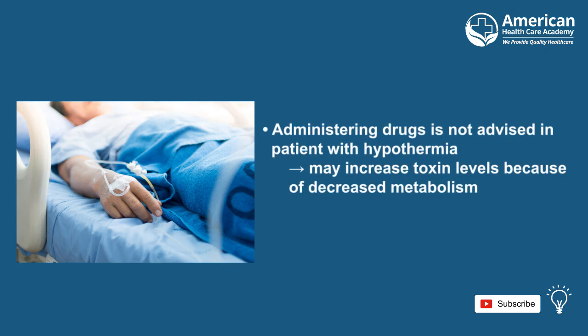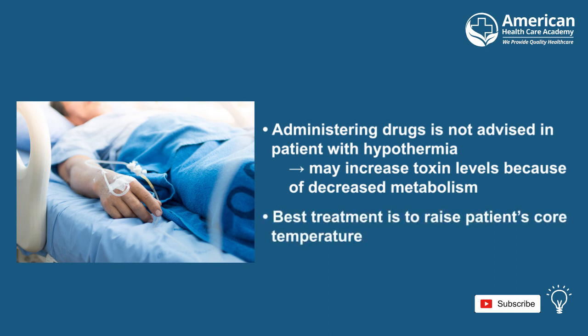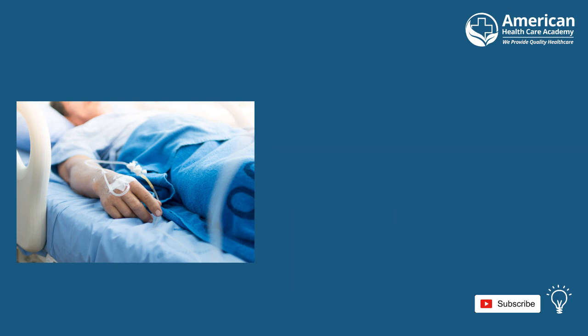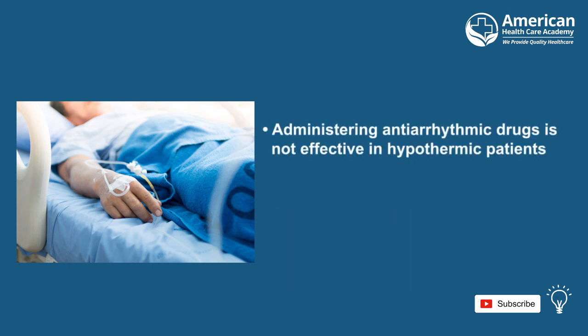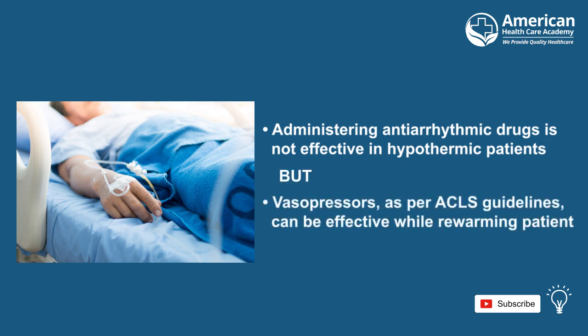Administering drugs is usually not advised in a patient with hypothermia, as they may increase toxin levels because of a decreased metabolism. The best practice is to focus on raising the patient's core temperature. Administration of anti-arrhythmic drugs is not effective in hypothermic patients. However, the administration of vasopressors, as per guidelines of ACLS, can be effective while rewarming the patient.